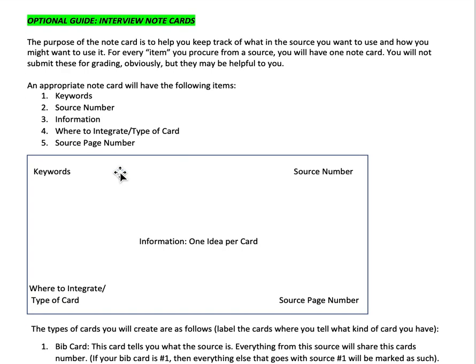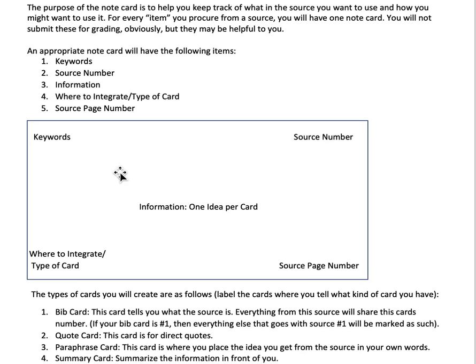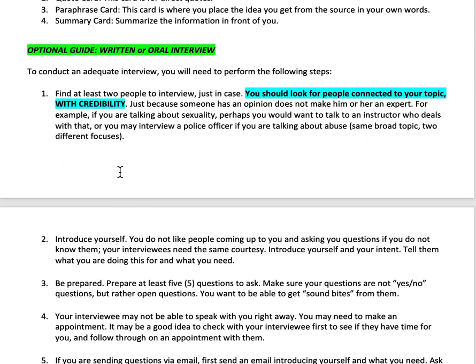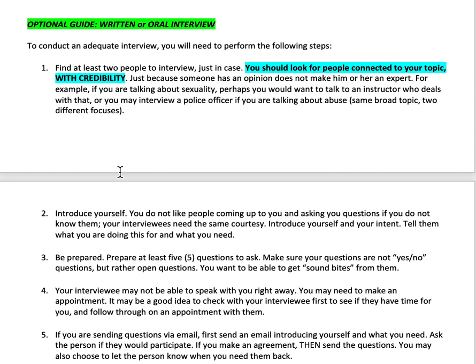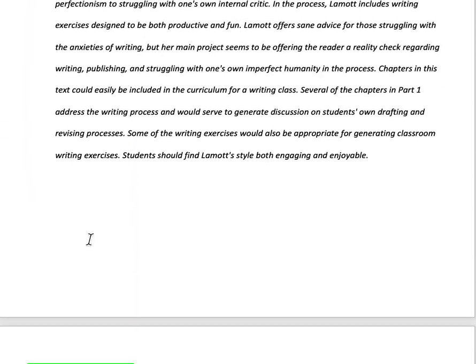And then because you are required to interview a subject matter expert and use quotes from that interview as evidence in your essay, there are some optional interview guides here. A couple different methodologies you can use: this note card methodology, a written or oral interview. There are some guidelines here, but that's really just to help you if you've not done this.